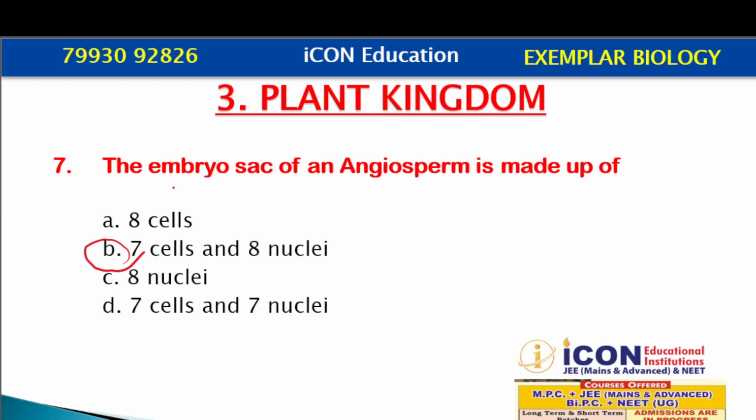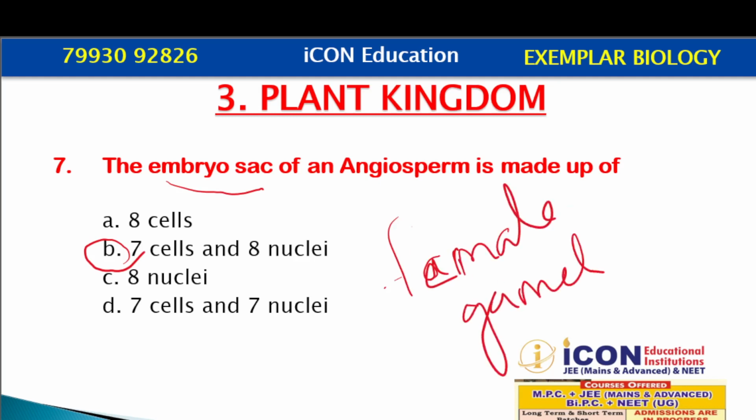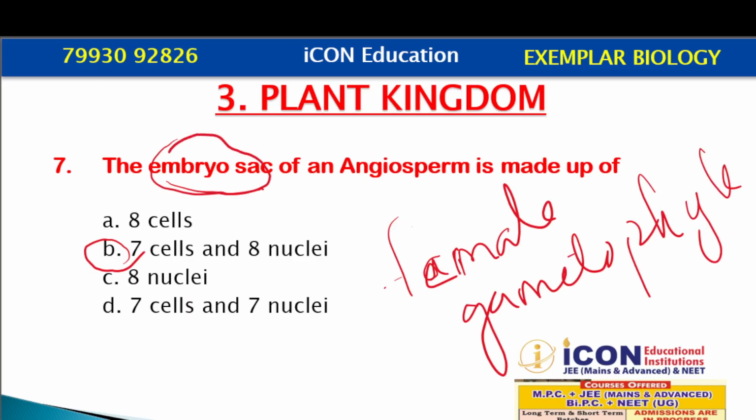Another question related to embryo sac can be, which part in the angiosperm represents the female gametophyte? So embryo sac is the part in angiosperms which represents the female gametophyte. Okay.